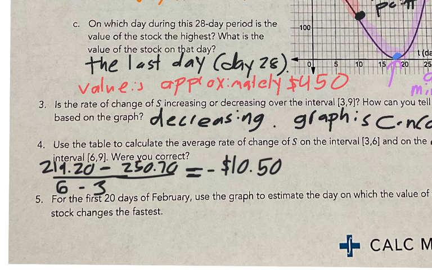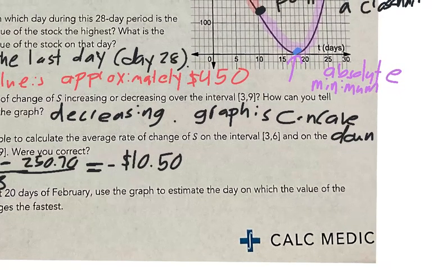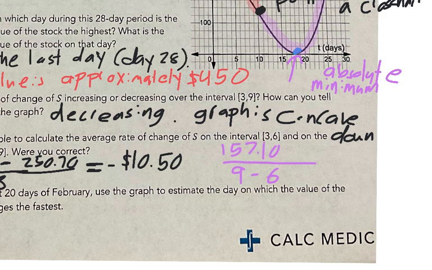You get negative 10.5. Negative. That's correct. That just means that the slope is negative. It's not that you're going into debt.